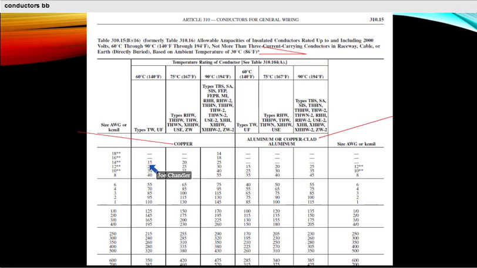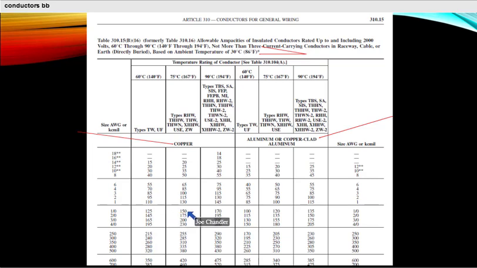And then over on this side, these columns tell us the ampacity of each of the conductors under these conditions. Okay? So if I have a 1/0 conductor in the 60 degree C column, its ampacity is 125 amps.